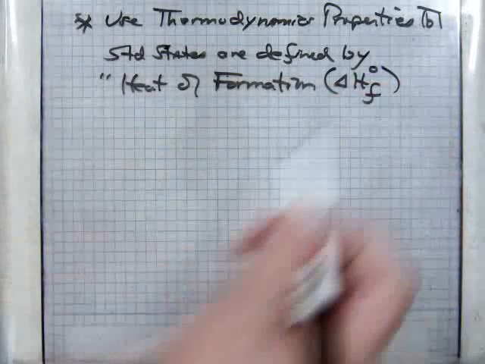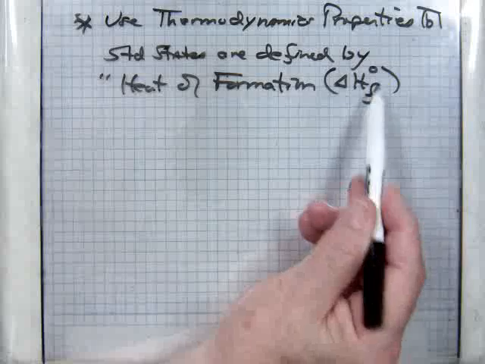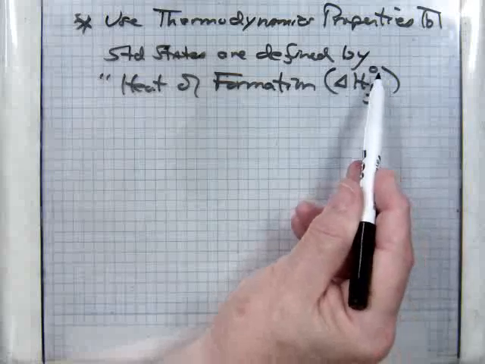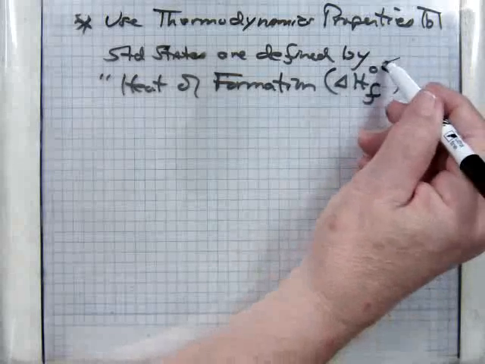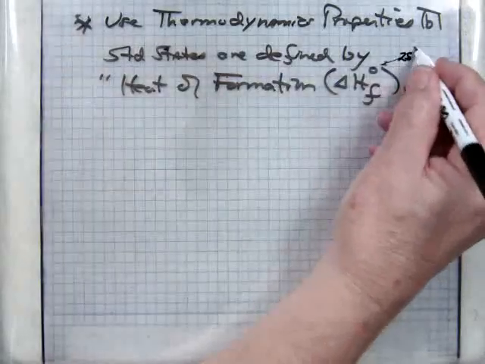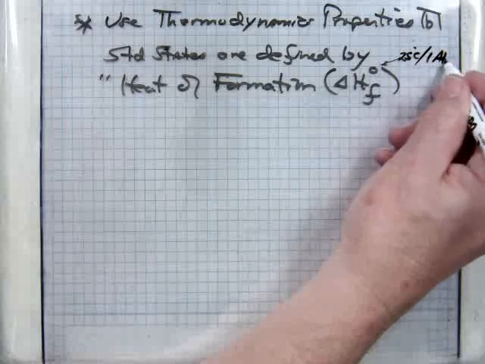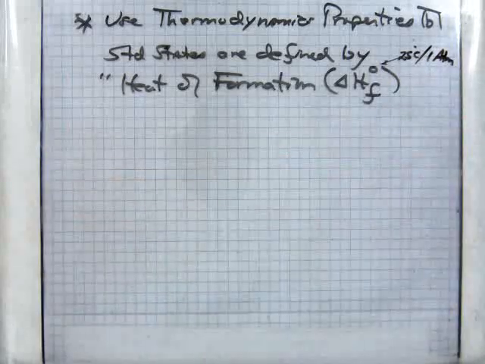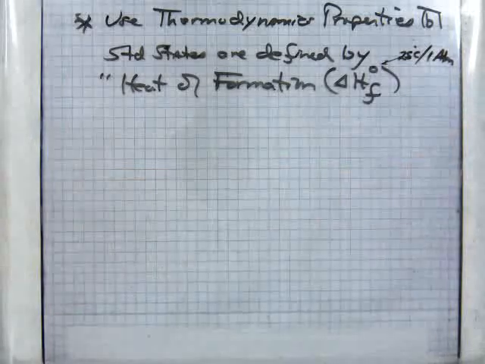And is given by this symbol delta H subscript F with a superscript circle. The superscript circle refers to standard thermodynamic conditions, which are 25 degrees Celsius and 1 atmosphere. That's thermodynamic.